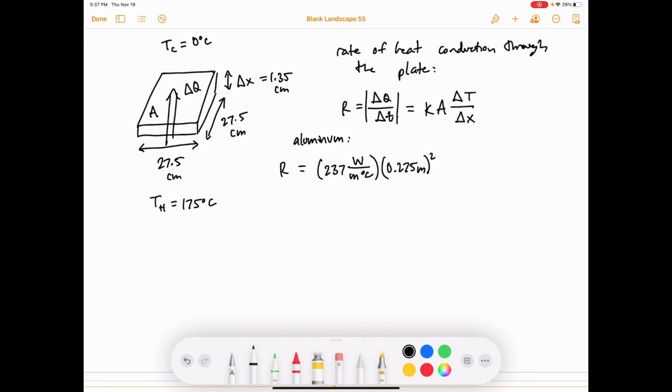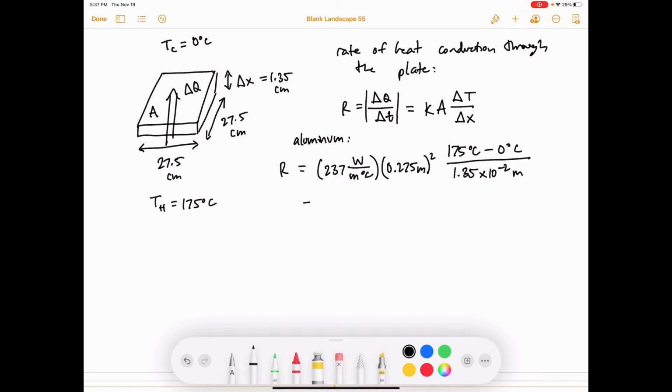And then we take delta T, which is 175 degrees Celsius minus 0 degrees Celsius on top, and then divide by delta X, which in meters would be 1.35 times 10 to the minus 2 meters. So we have to convert from centimeters to meters to get this to work out.